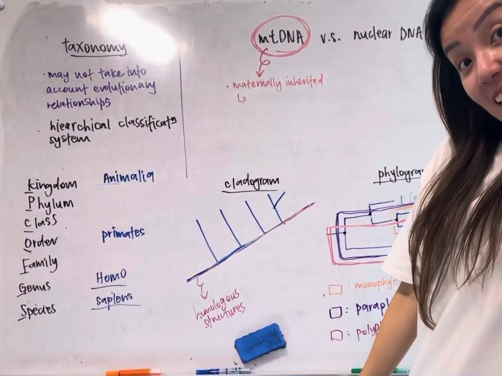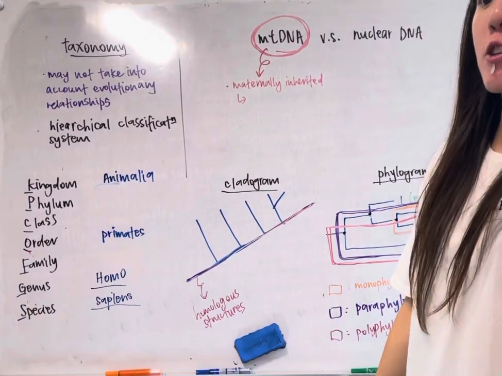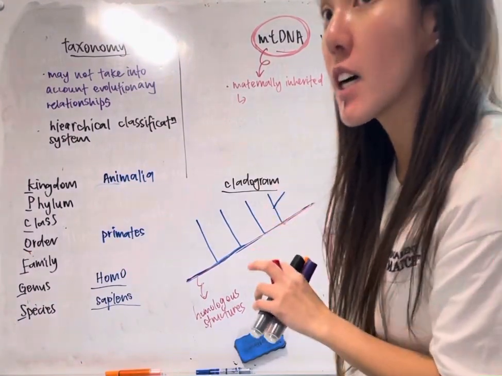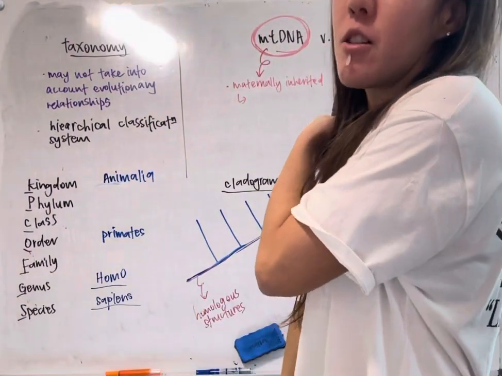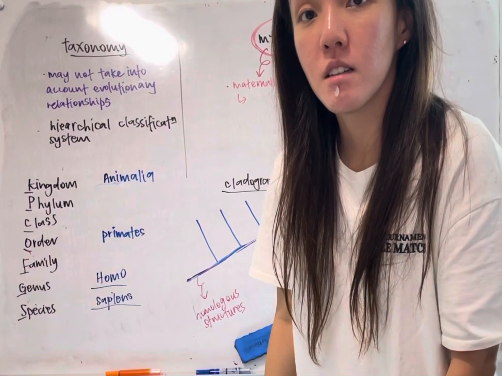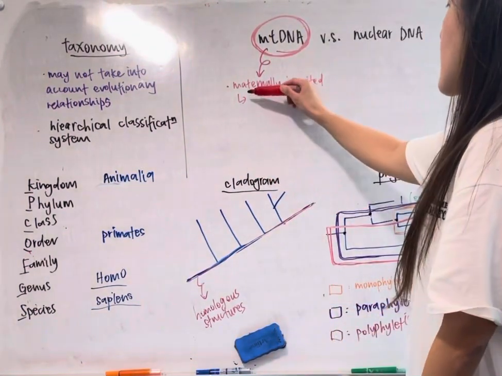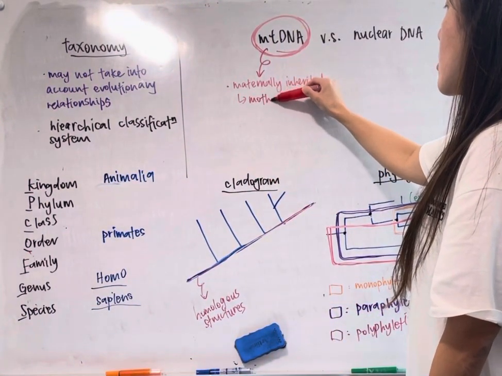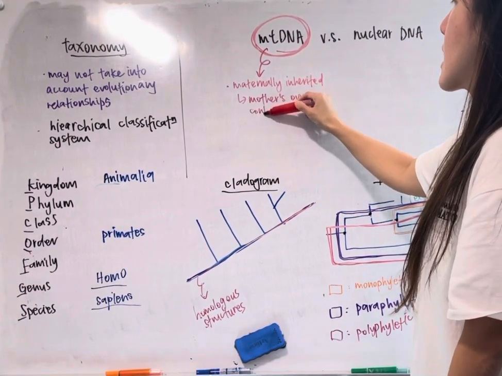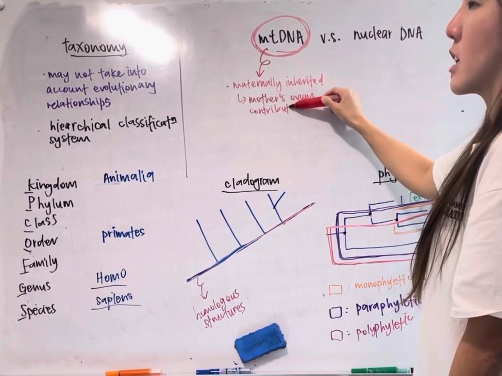Your mother's ovum, right? Will they contribute every single cytoplasm, or can the father's sperm also contribute the cytoplasm? Because that is where mitochondria is located. The mom. Please take note. Only the mother's ovum will contribute the cytoplasm which contains the mitochondria.